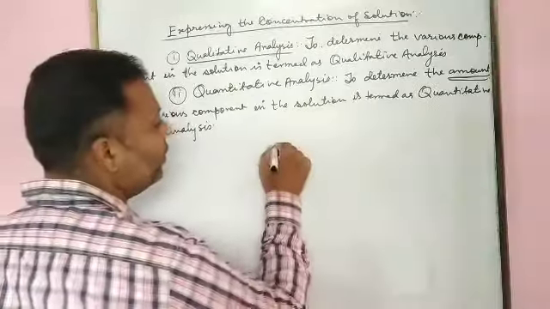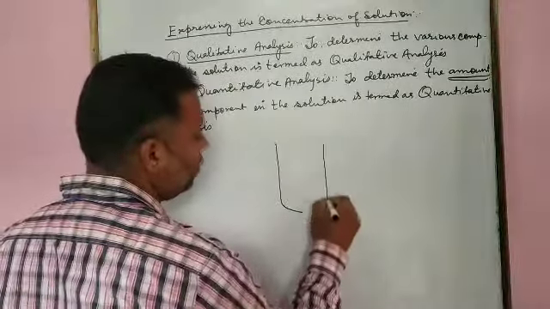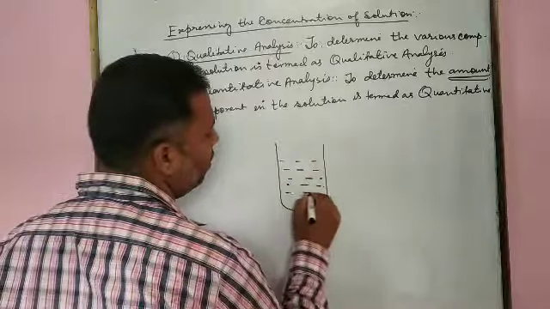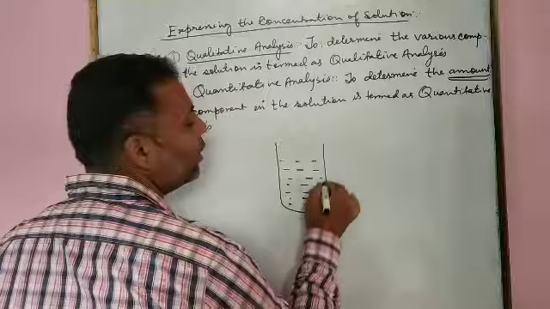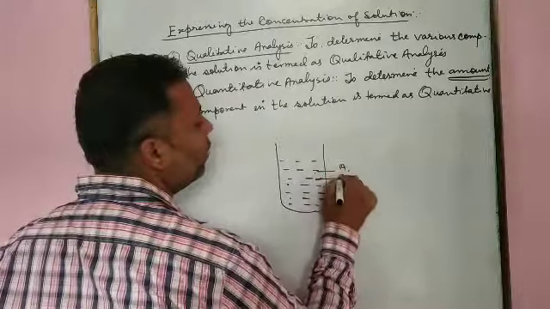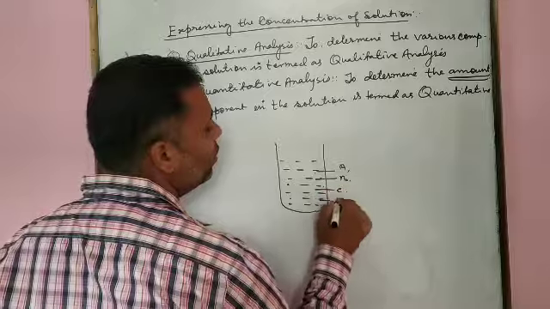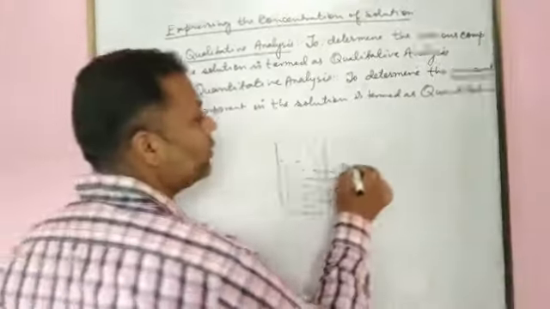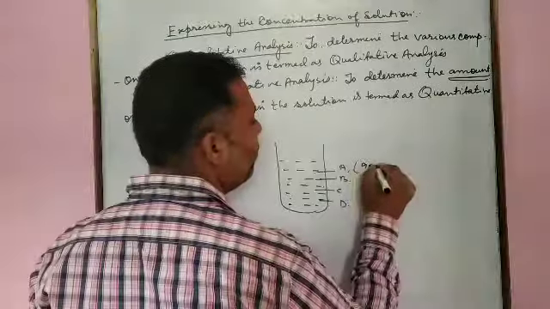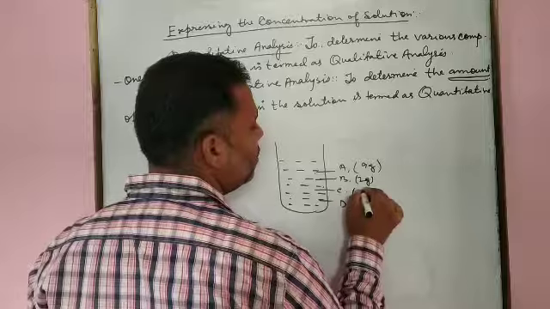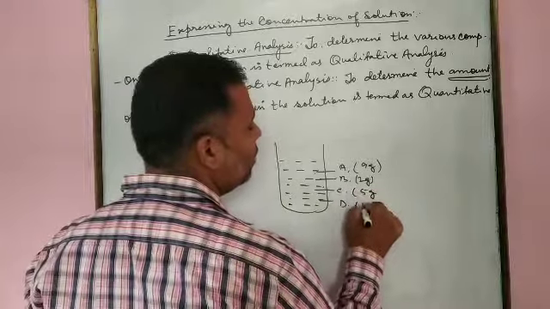For example, if we have a solution, it contains how many components? It contains A, B, C, D, 4 components. A is 9 gram, B is 2 gram, C is 5 gram, D is 10 gram.